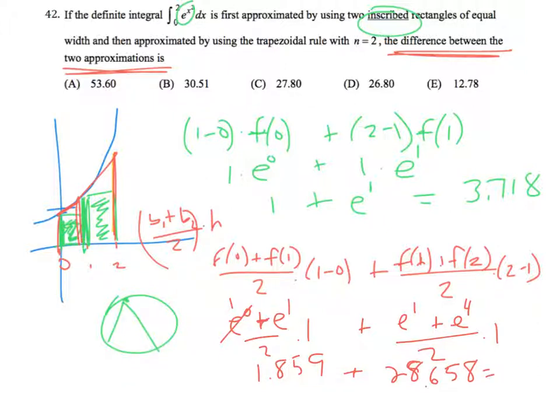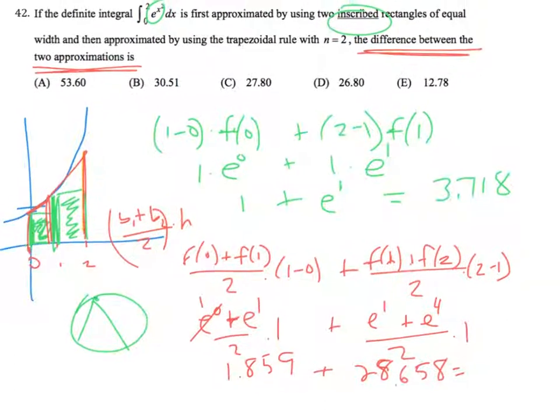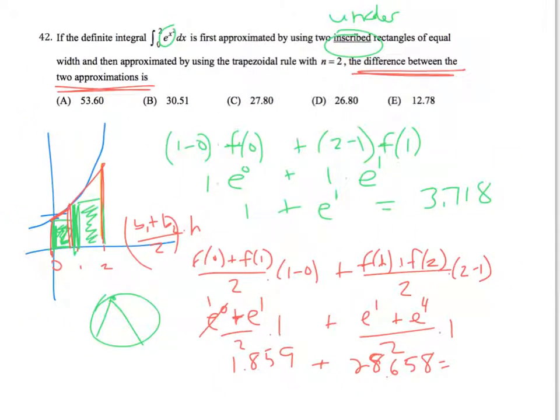So my total approximation is 30.517. Just wanted to do a quick double check that that's what I'm getting. Yep, 30.517. And now I'm going back to the actual question.